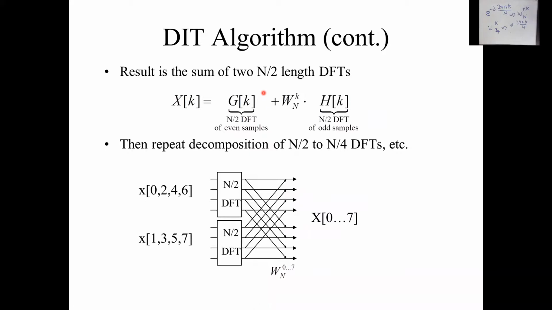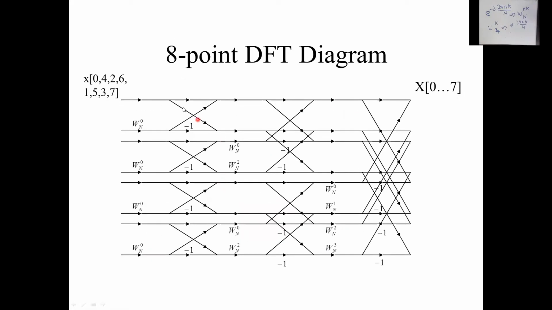Start by dividing into pairs. Each two terms will have a DFT together, and then the output will be DFT with the next stage, and then with the third stage, and so on. So you need L stages, where L is simply 2 power the number of points.